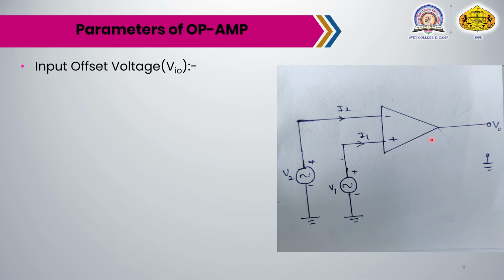Now, when we connect V1 and V2, if V1 and V2 are equal, then the output Vo must be 0. But as the operational amplifier is made of several stages, and the input stage is a differential amplifier made up of two transistors, with the two inputs connected to the transistors, there may be some mismatch between the transistors.